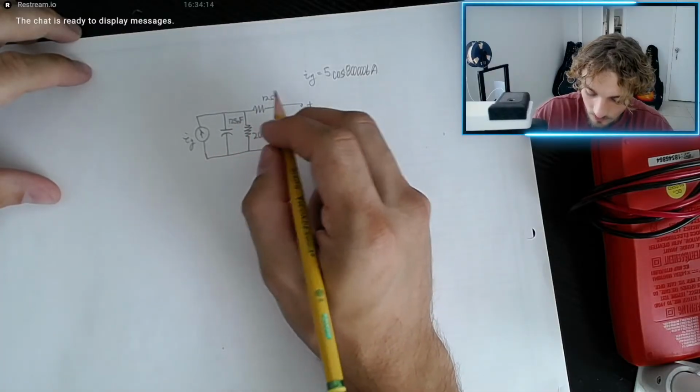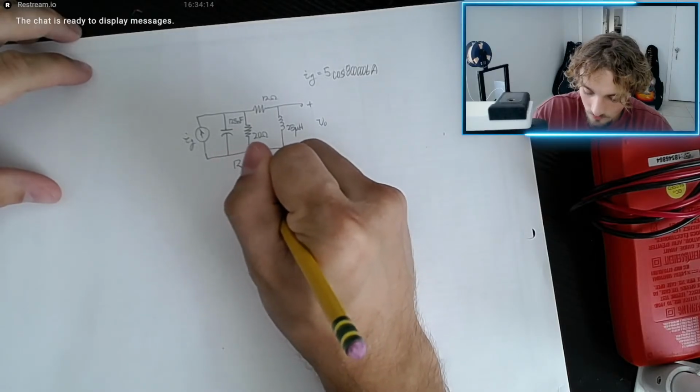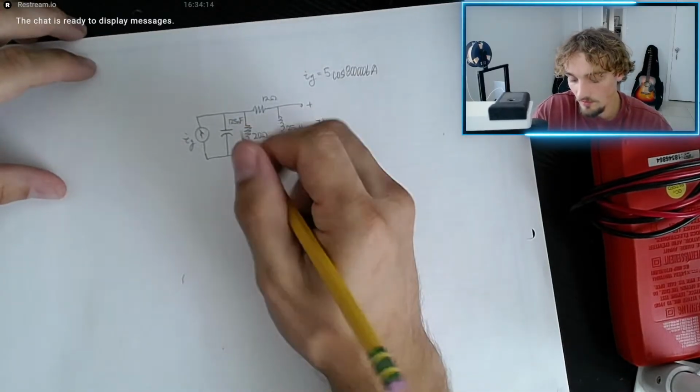So we want to figure R total, rather Z total. Let's label it correctly.